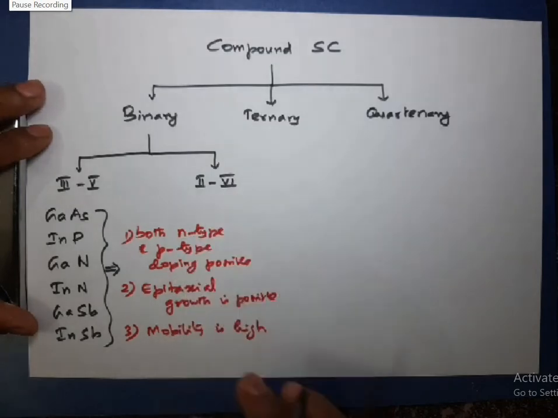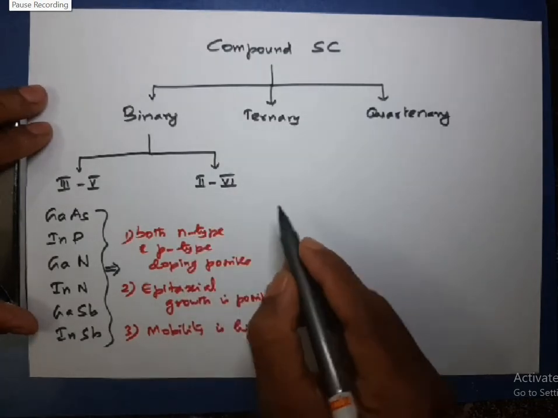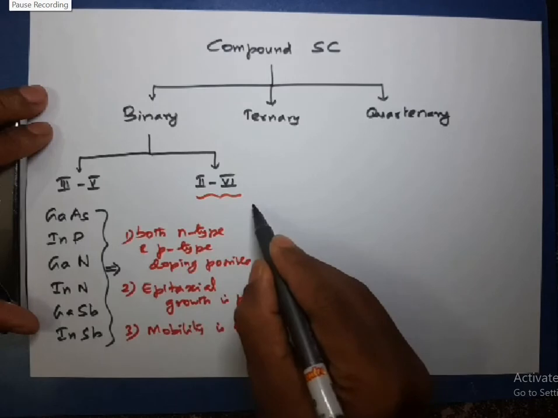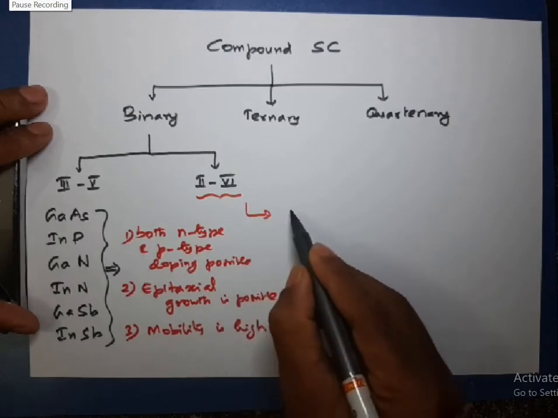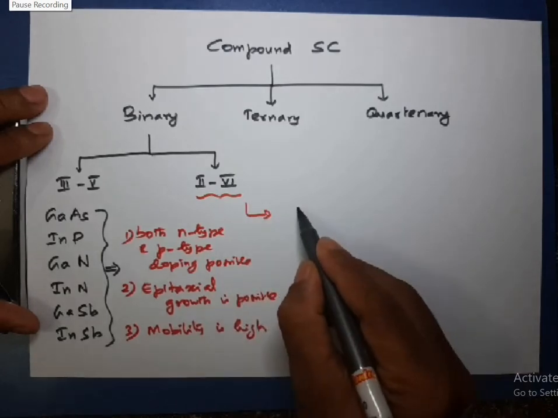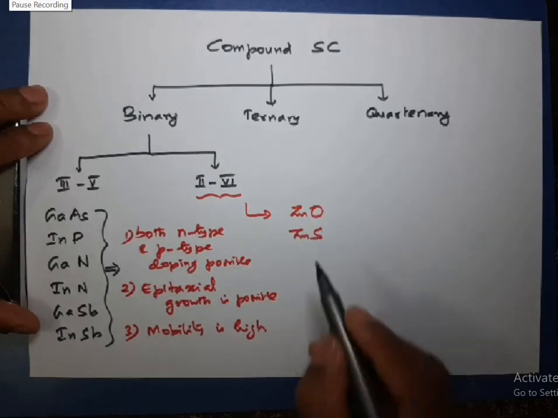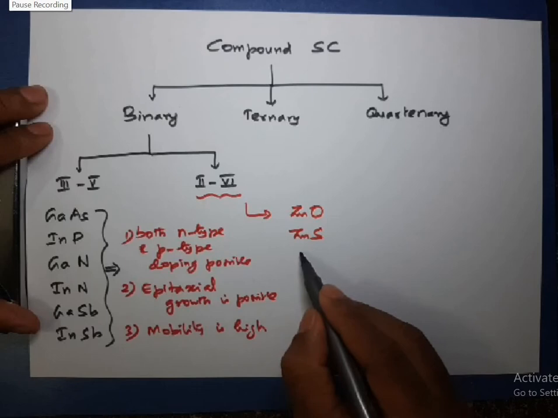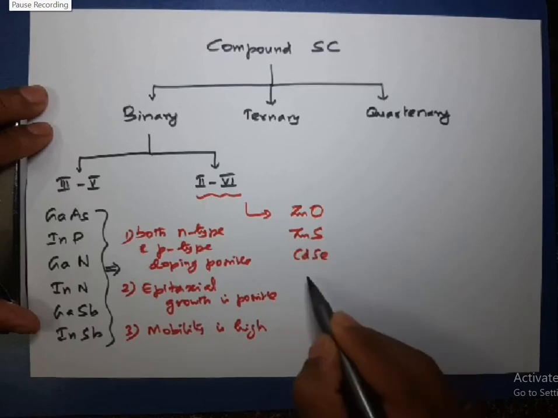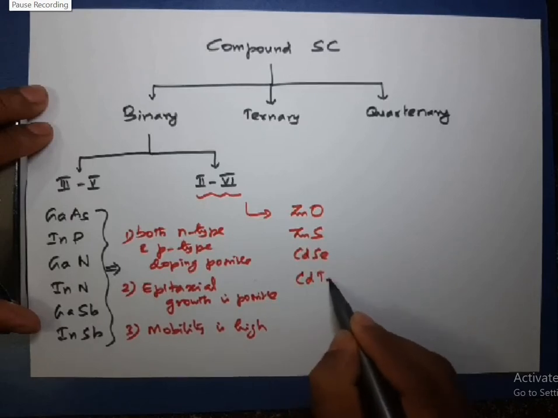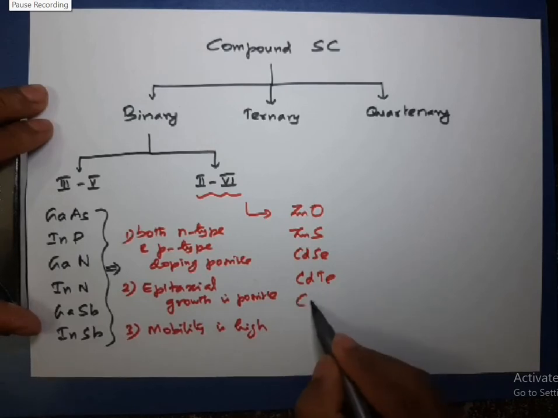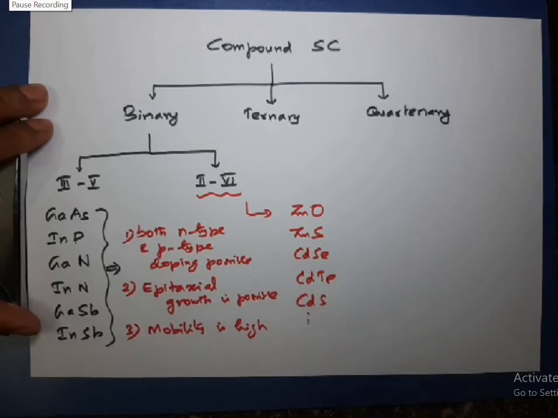Whereas if you go to 2-6 semiconductors, we have plenty of examples: zinc oxide, zinc sulfide, zinc cadmium selenide, cadmium telluride, cadmium sulfide, etc. Many examples are there.